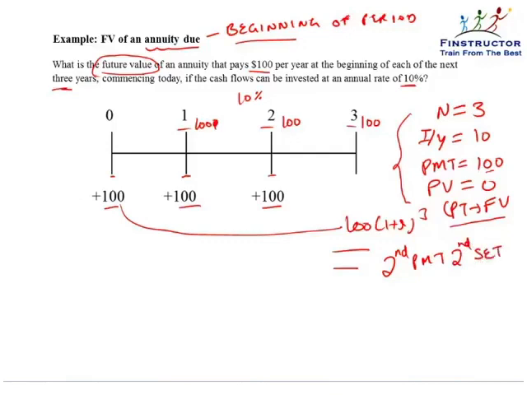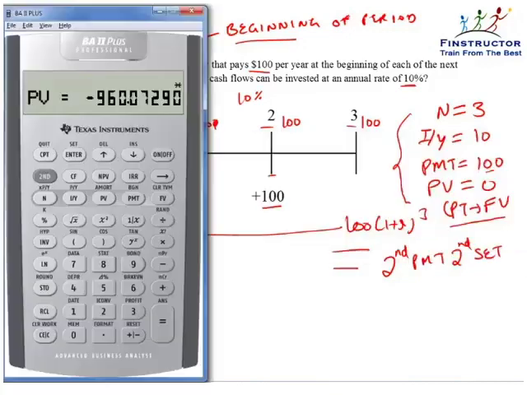We'll just show you on the calculator. So we have 3 periods, so press 3 and press N, press 10 and press I/Y, press 100 and press PMT, press 0 and press PV.